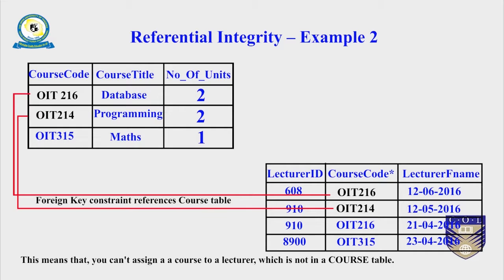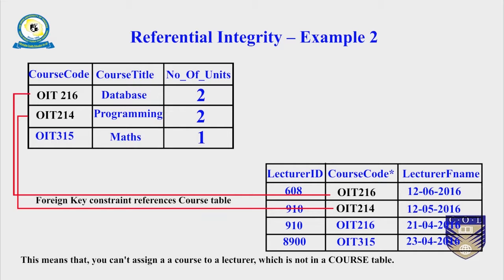In order to ensure that referential integrity holds, all course codes that are in the lecturer table must be in the course table first. There must be a primary key in the course table first for referential integrity to hold.